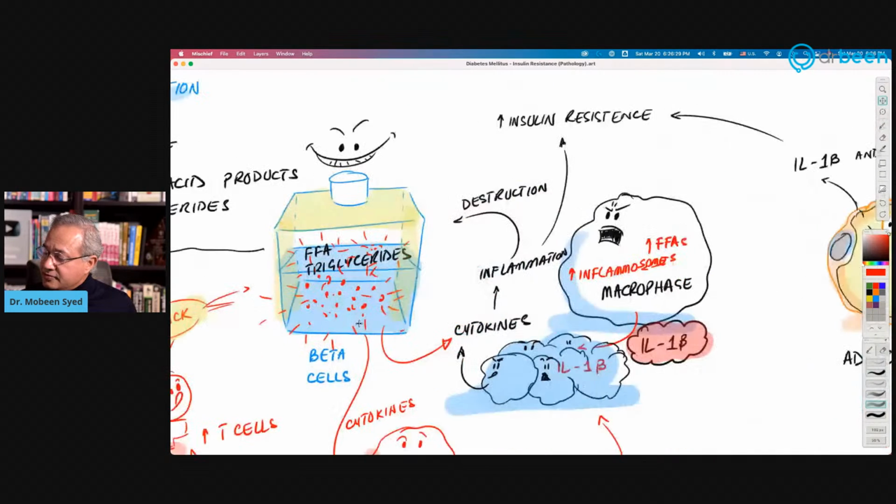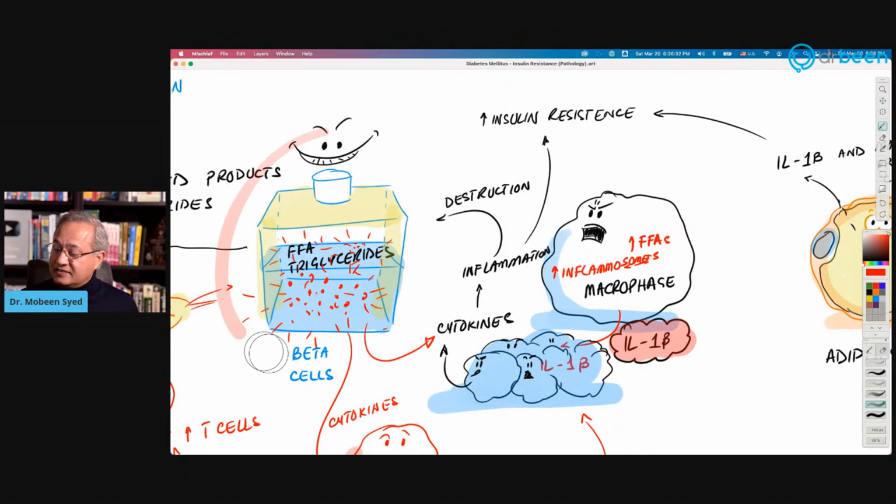Okay, what else? When beta cells work more, and this is true for all of our cells, when a cell is working more, it starts noticing that and tells the inflammatory system, the immune system, "Guys, I am working a lot. I'm not supposed to be working so much."